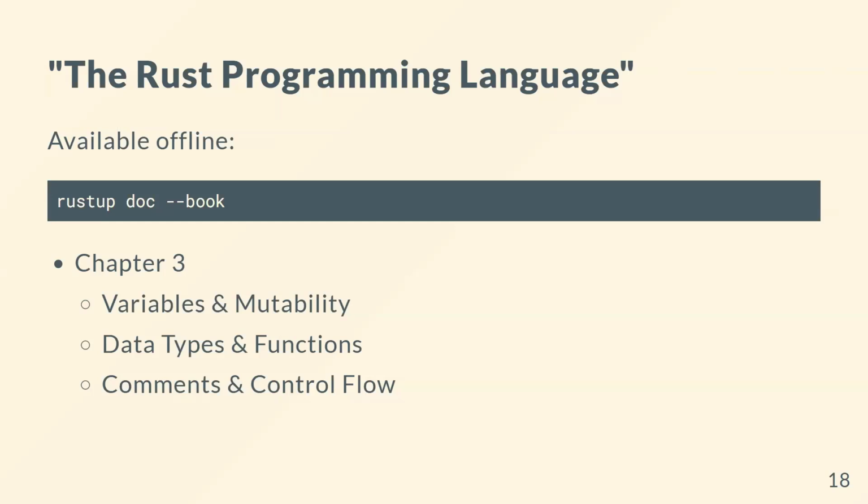I'll cover a bit of chapter 3 here with variables and mutability, data types and functions, comments and control flow. Later on, we'll get into the more Rust-specific topics like ownership and the borrow checker, which tends to be the one thing people have the most questions about. Yeah, so let's get started.